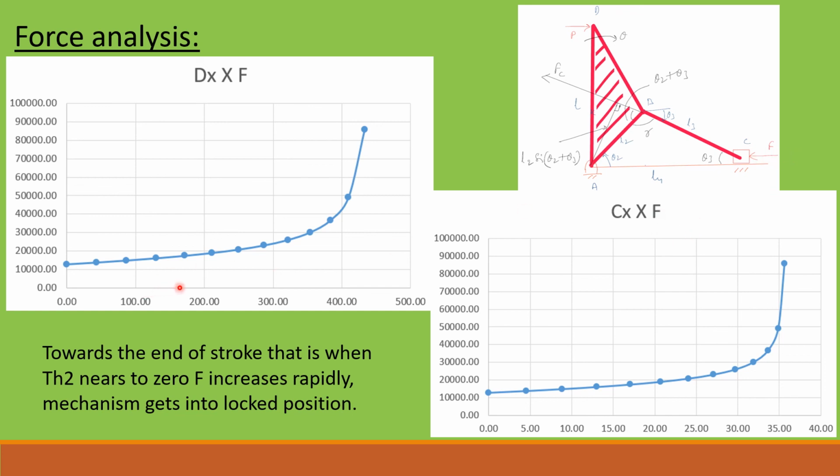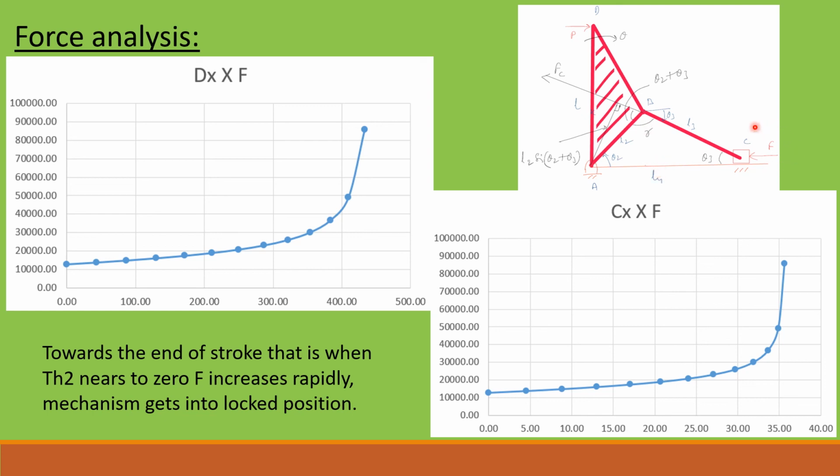In these two graphs, we can see that as theta 2 tends to 0, force is going to increase rapidly, and when theta 2 is 0, then force will become infinite. That means when theta 2 is 0, the mechanism will be in a locked position. So any small amount of force P will move the mechanism away from the locked position.